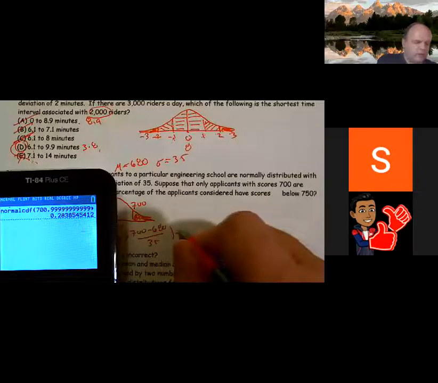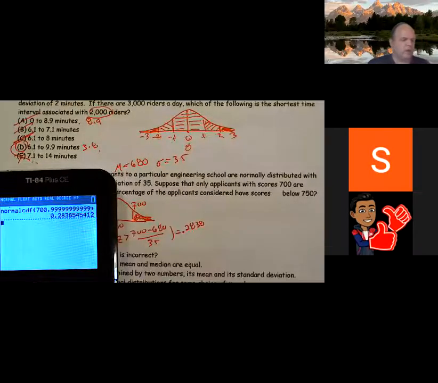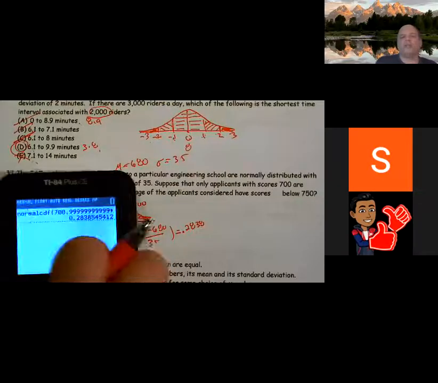In this case, about 28% of the applicants have a score above 700. But those are the only ones they consider.